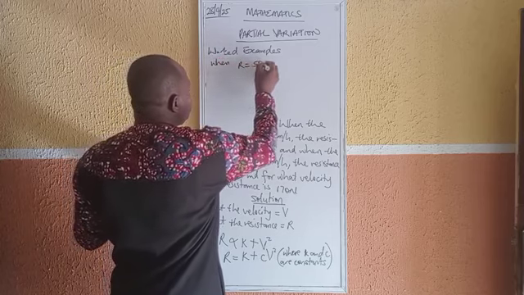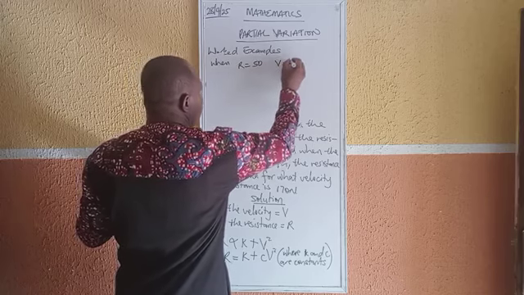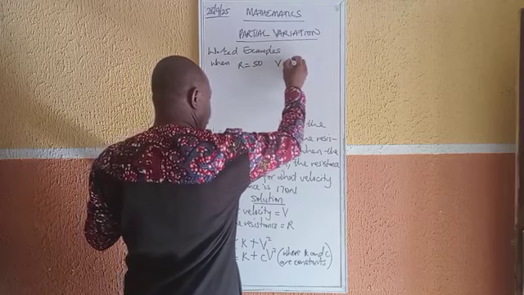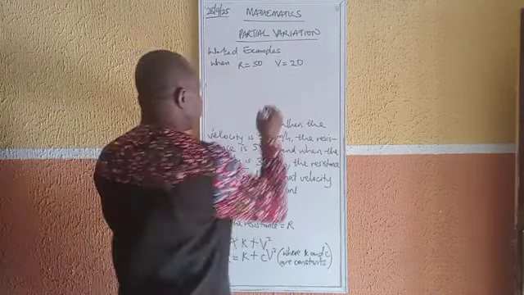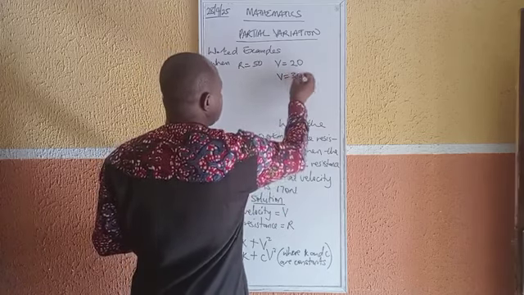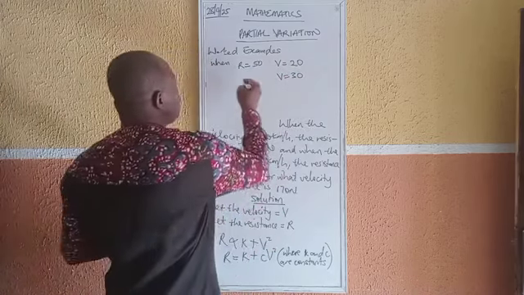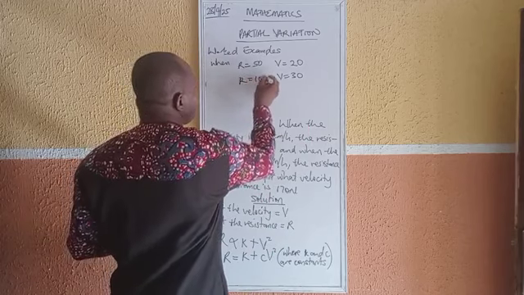So when resistance is 50, velocity is 20, and when velocity is 30, resistance is 100.